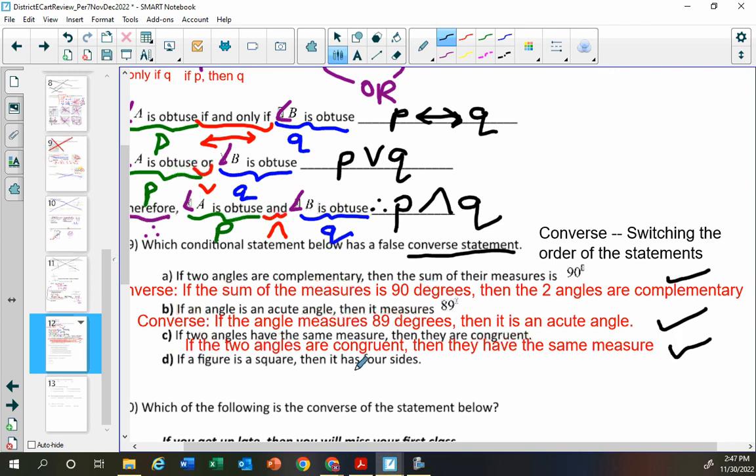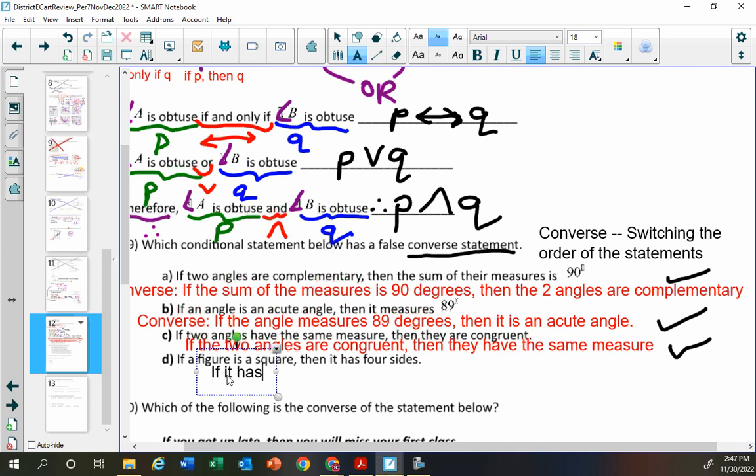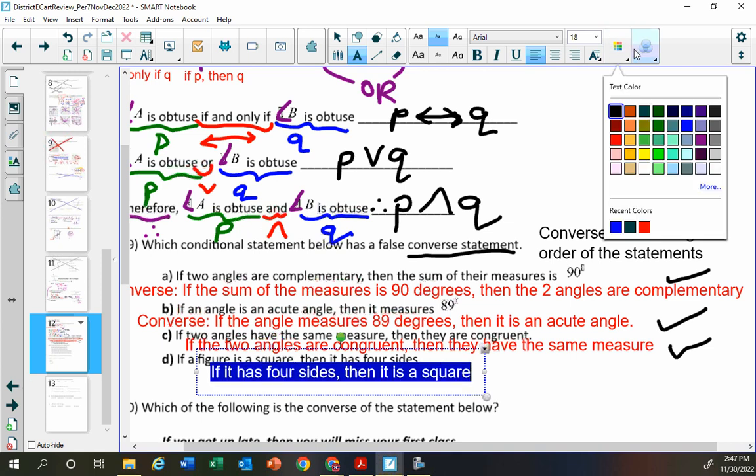So if the first three are true, would the last one be true? Well, be careful. No, because if it has four sides, is it necessarily a square? Even though you have a four-sided polygon, not all four-sided polygons are squares.